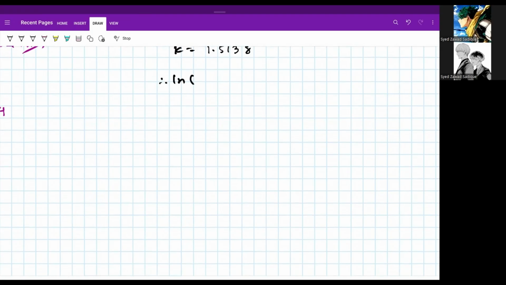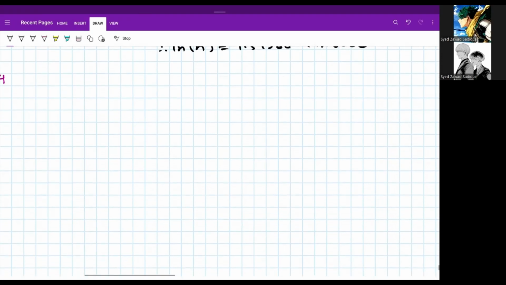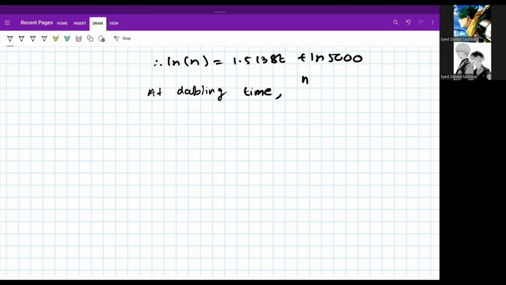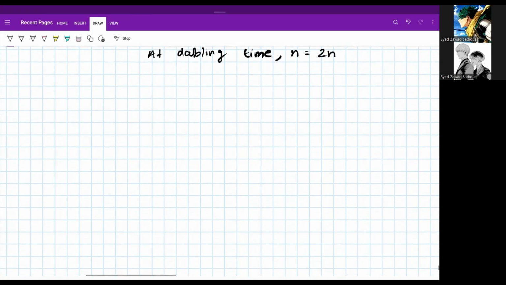Therefore, ln n is equal to 1.5138t plus ln 5000. Okay. At doubling time, n is equal to 2n, which is equal to 2 into 5000, which is equal to 10,000.